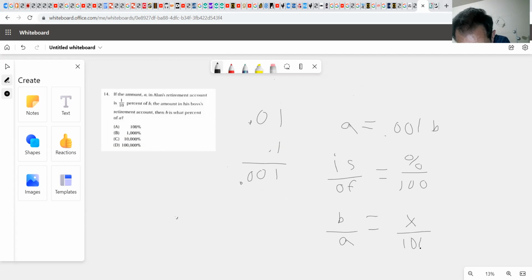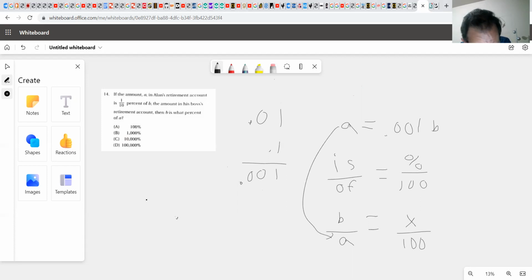Now let's see what we were given in the first part. We were given that A is equal to 0.001B. So I can just substitute this A into here. Let me rewrite that.